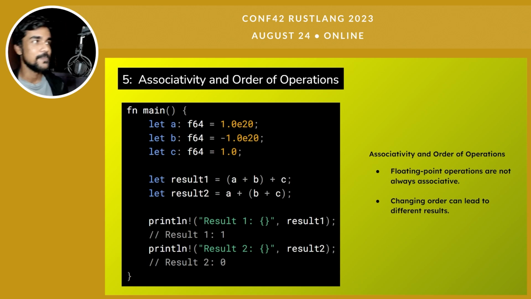Most of us might assume that looking at it in the first place. But what is applicable behind the scenes is that floating point operations are not always associative. In fact, because of the issues we talked about previously, like limited precision, rounding errors, and loss of significance, changing the order can lead to different results.